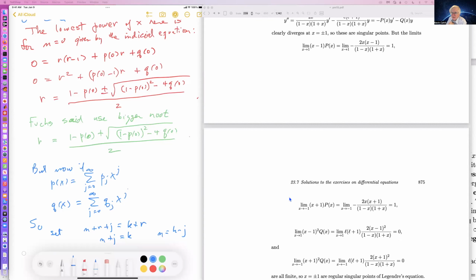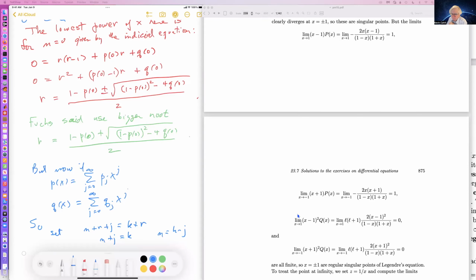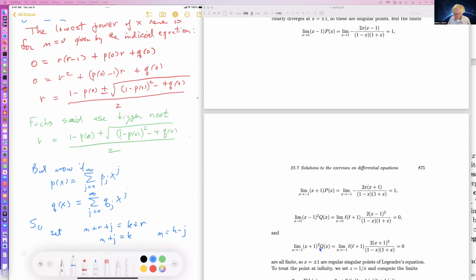And if we now look at Q, we multiply Q by x minus 1 squared, we get something that exactly cancels. Setting x equal to 1, we just get 0. And setting x equal to minus 1, we also get 0.